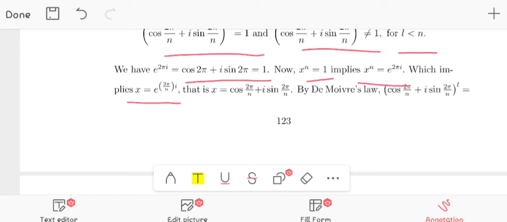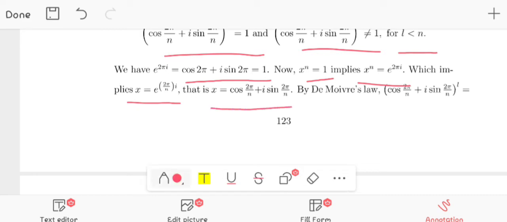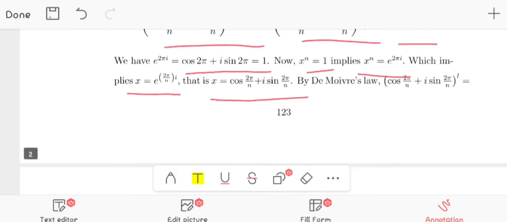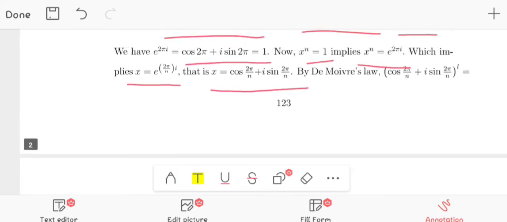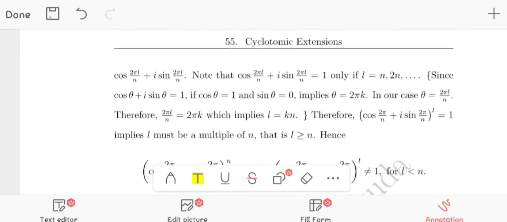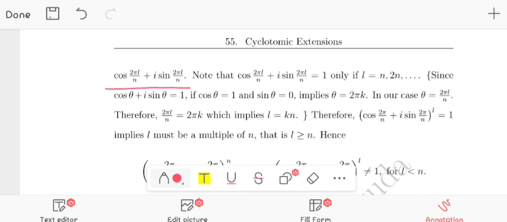So we have x = cos(2π/n) + i sin(2π/n). By de Moivre's law, we have (cos(2π/n) + i sin(2π/n))^L = cos(2πL/n) + i sin(2πL/n).